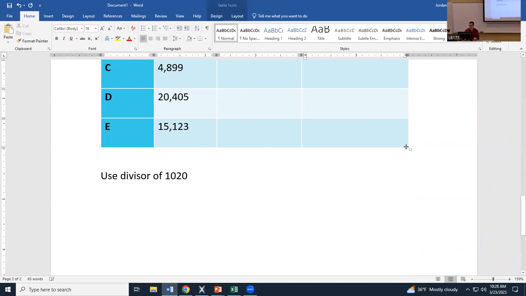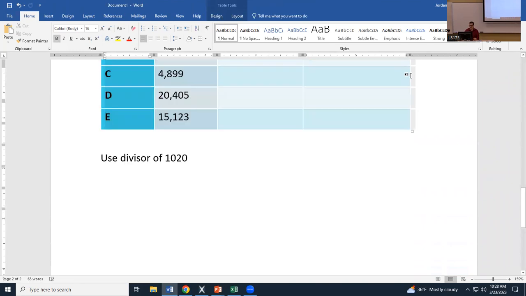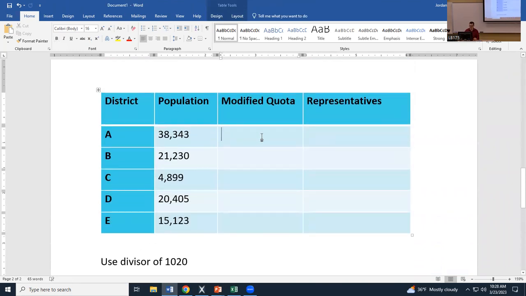So we use our divisor of 1020. I take 38,343 divided by 1020. That gives me 37.59. So the number of representatives that we're going to go to is 38.